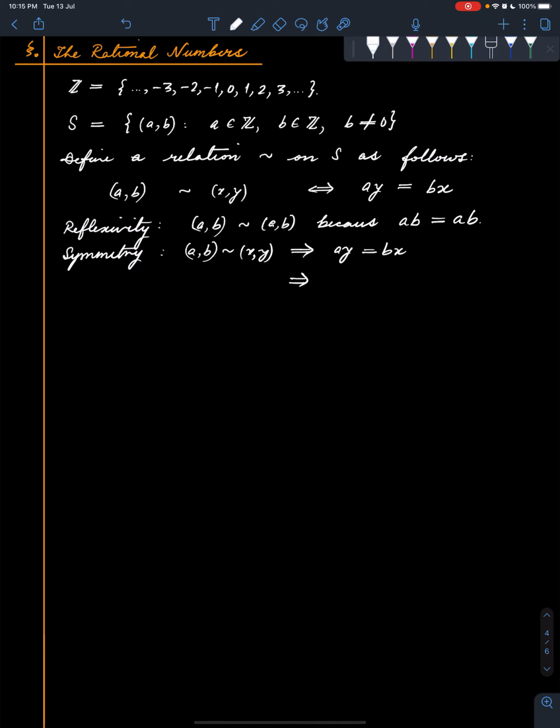Let's write xb equals ya, which implies (x, y) tilde (a, b). Right, so that's that, and transitivity I'll leave you to check. Exercise.